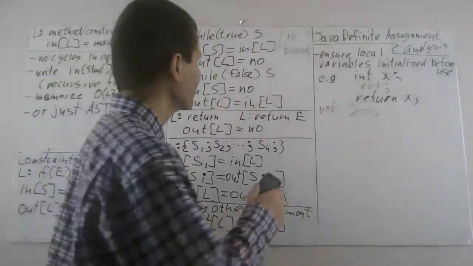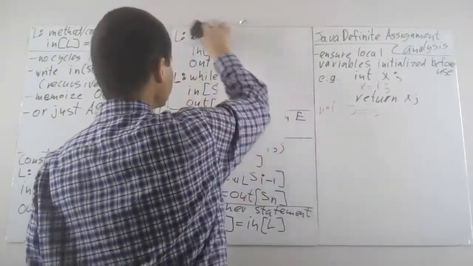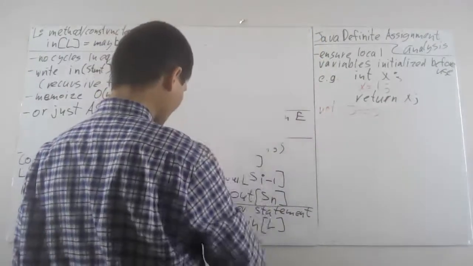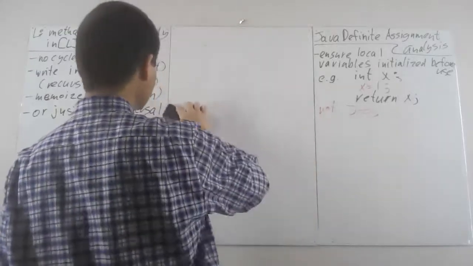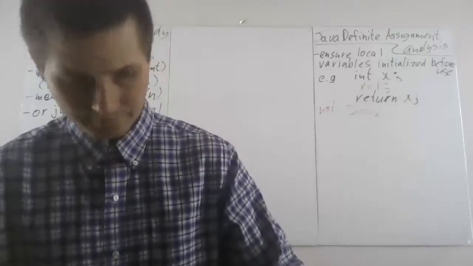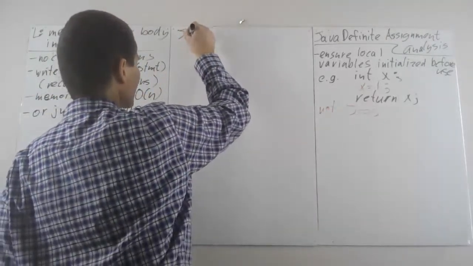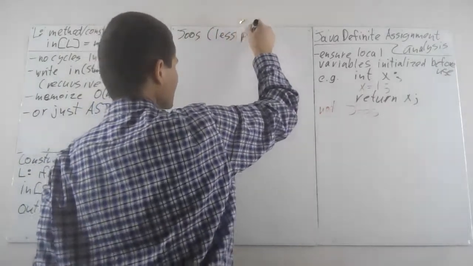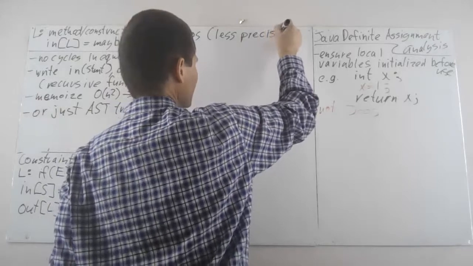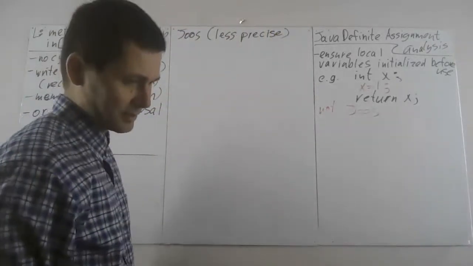And let me do the JUICE thing over here. So in JUICE, and I'm going to say that this is less precise, and we'll see what that means in a bit.